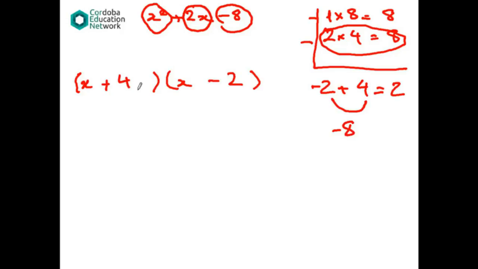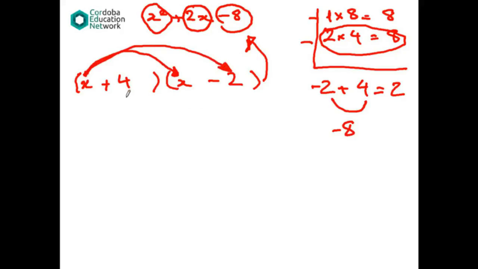But it's always worth doing a quick check and expanding these brackets to see if you get the first equation that we started with. So let's have a go. Just to remind you how we expand these, and this is a quick revision. The first component of the first bracket, you multiply by each one of the components in the second bracket.